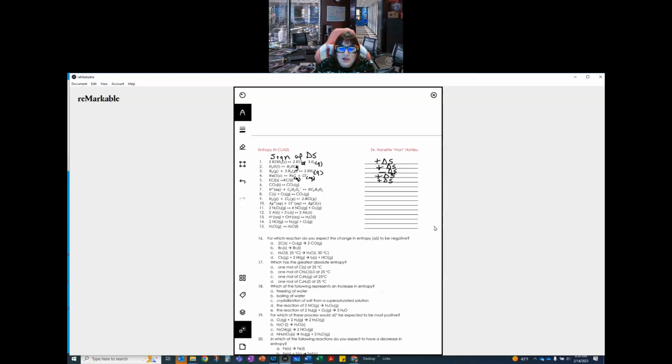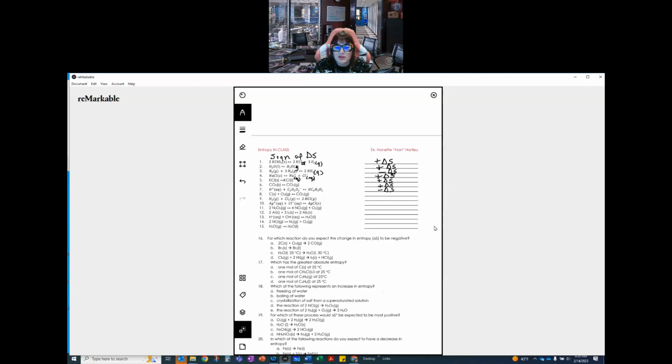When we talk about going from CO2 solid to CO2 gas, that's also going to be a positive delta S. When we talk about going from H+ plus C2H3O2-, going back to HC2H3O2, we're going from 2 particles to 1 particle. 2 to 1, that's going to be a negative.